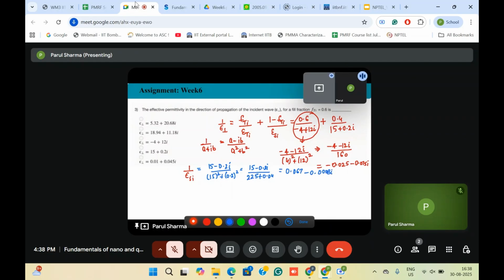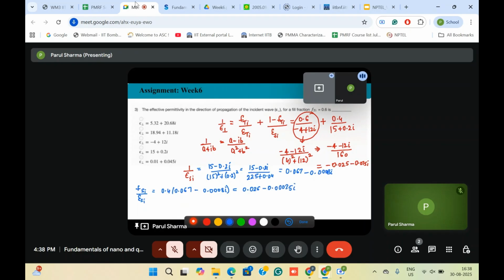So now we have to multiply by the fractions.